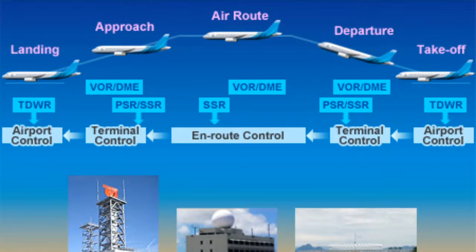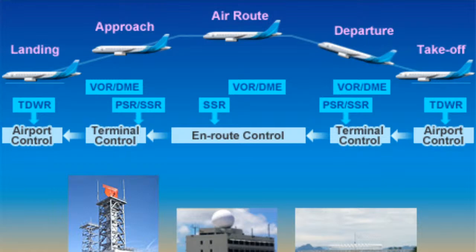Here, as you can see, we start at the right of the screen with the ground part of the flight. The image says takeoff, but there are things that happen before takeoff.